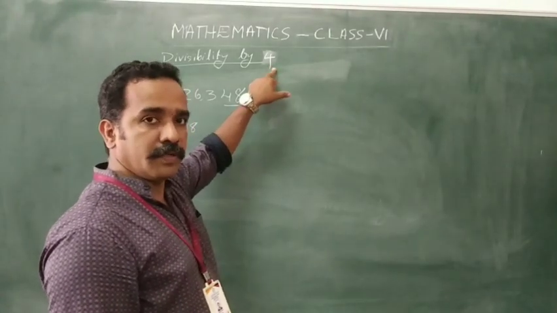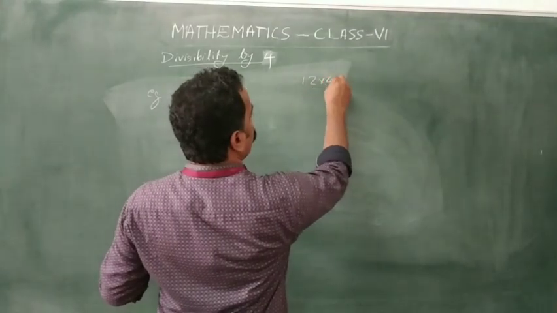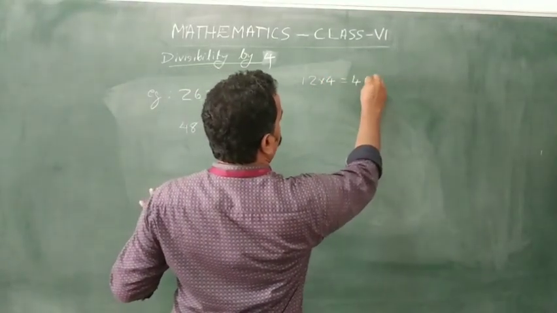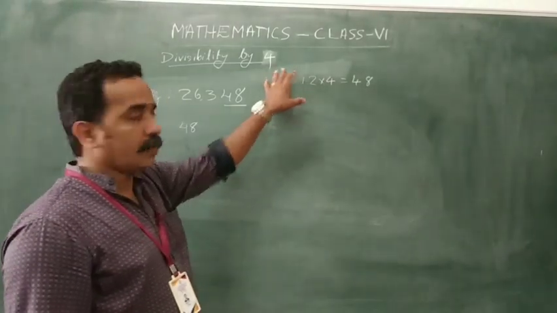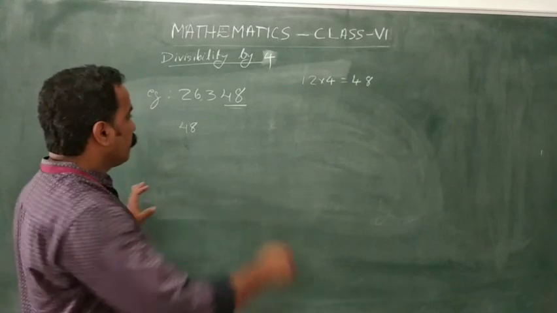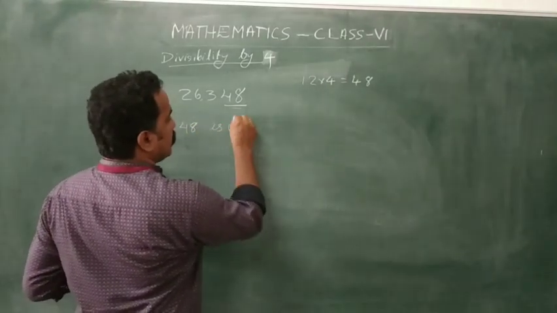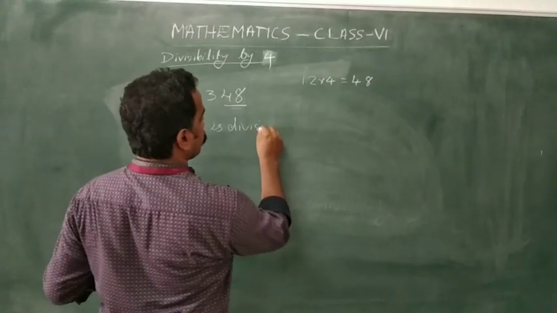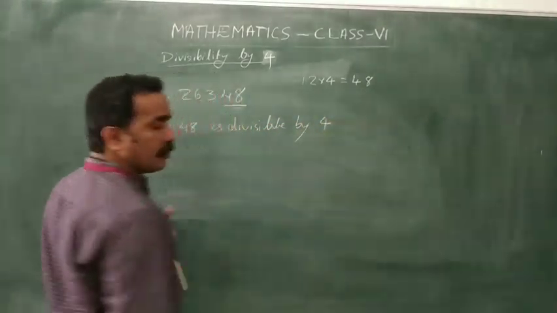We know that 12 into 4 is equal to 48. That means 48 is divisible by 4. Therefore, this entire number is divisible by 4. So we can write 48 is divisible by 4.